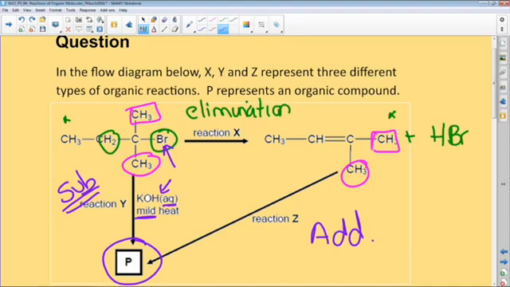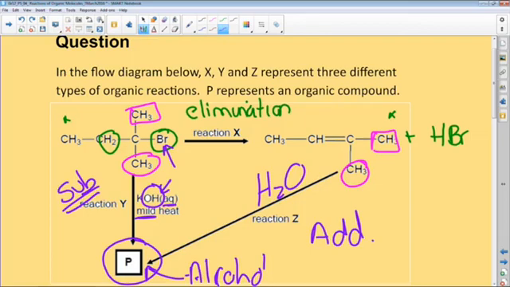My gut feel, and this is just because of my experience, is this is probably going to be an alcohol. Because I would break that double bond, I would put water here, this would become a hydration reaction, and because of the OH there, it's going to give me an alcohol. In fact, it will give me an alcohol, I know that.